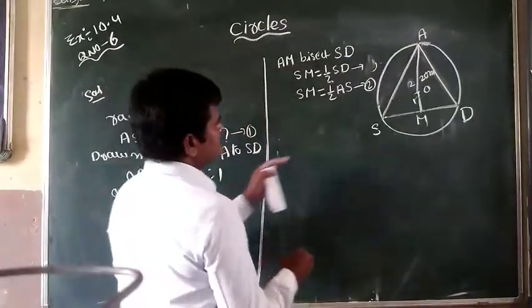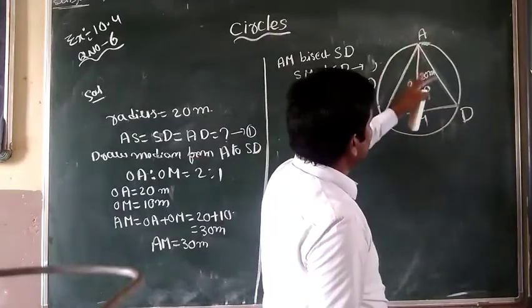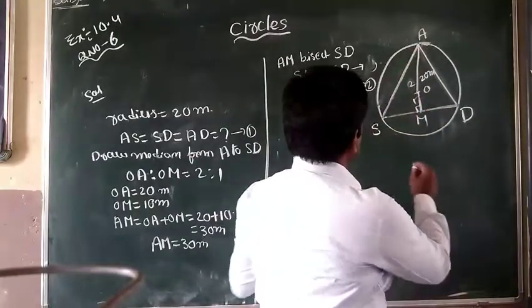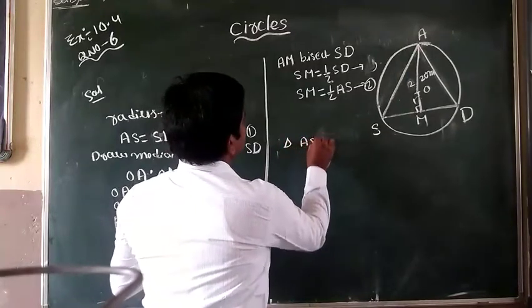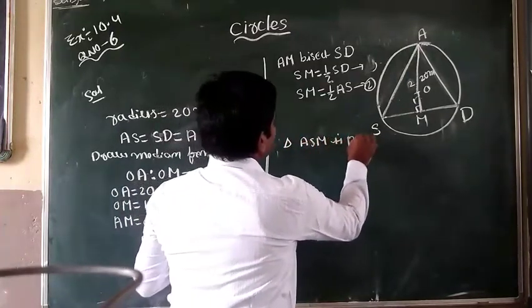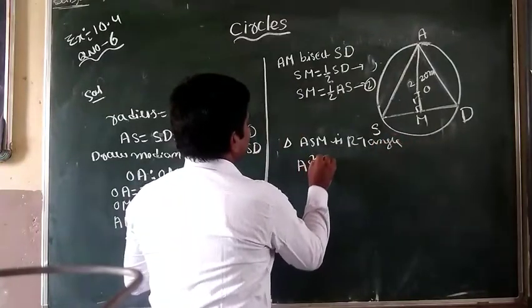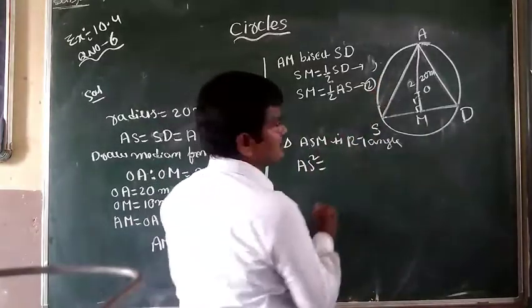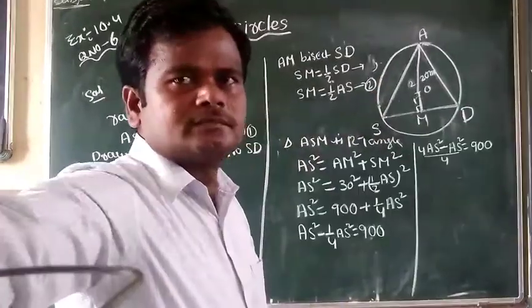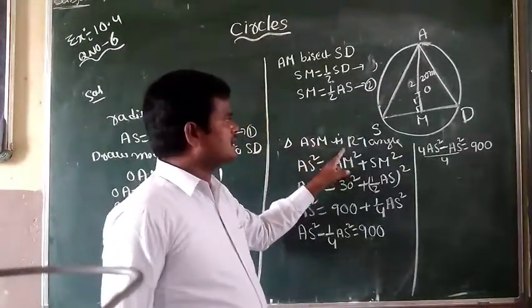So here this median is the perpendicular of this triangle. Triangle ASM is a right angle triangle.